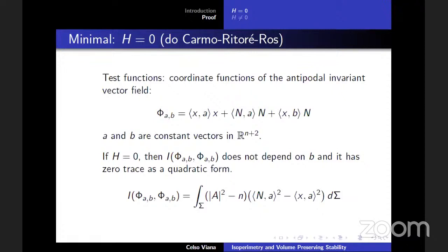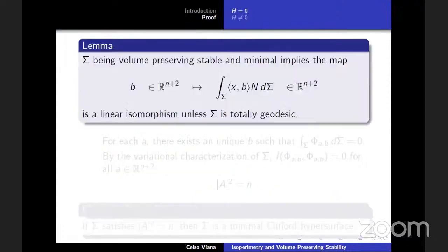So being minimal allows you to look at this quadratic form only in terms of this variable a, okay? And that's the key simplification that we have in the minimal case, okay? And so again, the question is, can you find B to make sure that the vector field is balanced, right? In their work, they prove this important lemma, which shows you that this linear map in B is an isomorphism, okay, in the Euclidean space.